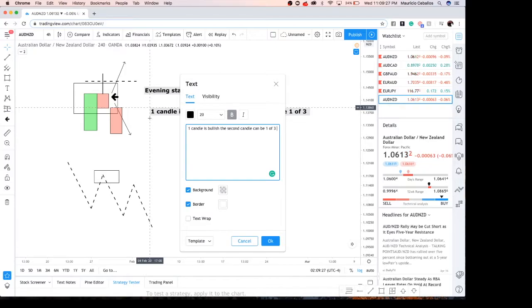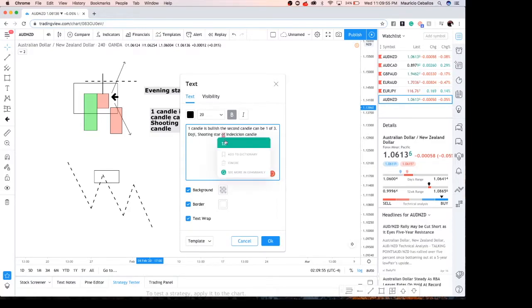What is that one of three? It can either be a doji, a shooting star, or an indecision candle.